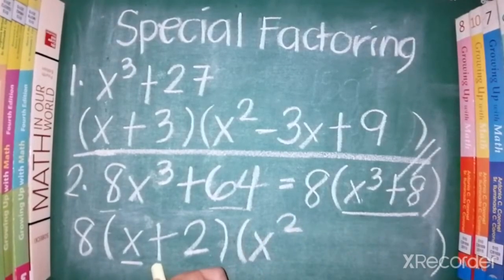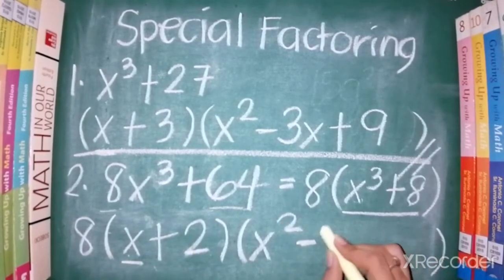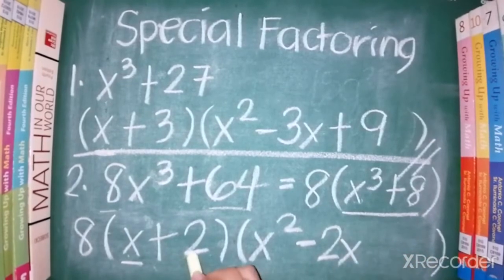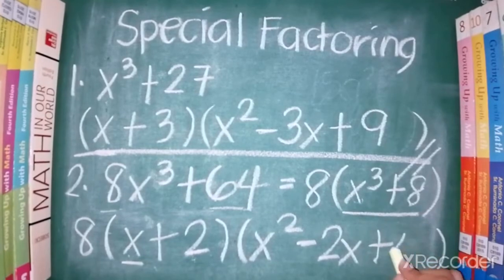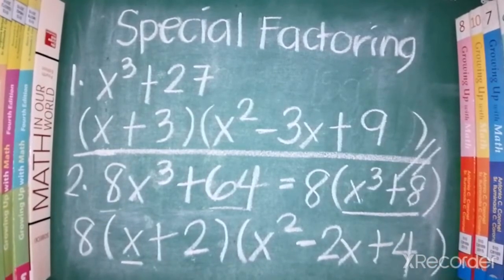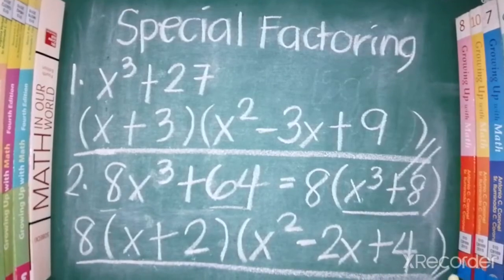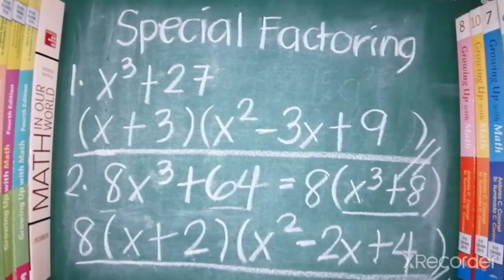And then the reciprocal of this plus is minus. And then multiply 2 times x, that is 2x. And then square the last term. So we have 2 squared, that is 4. So always positive. So our factor now is 8(x + 2)(x² − 2x + 4). Okay?